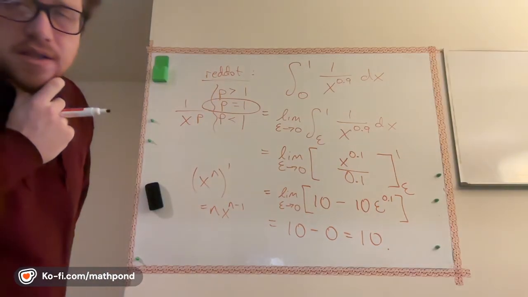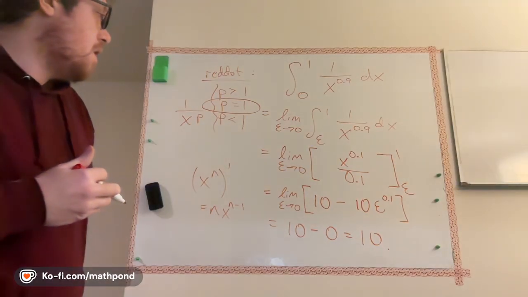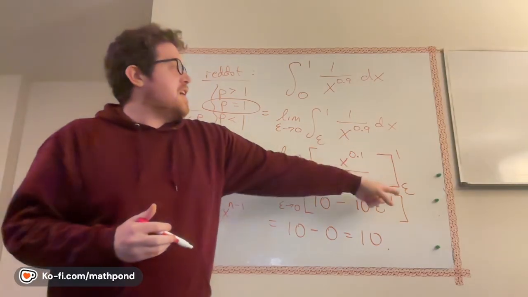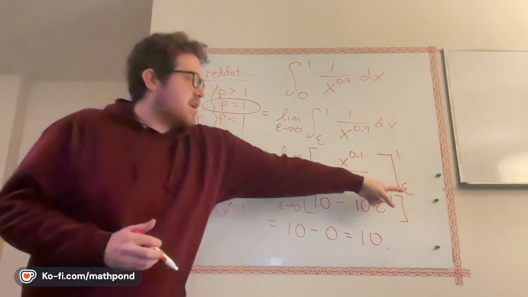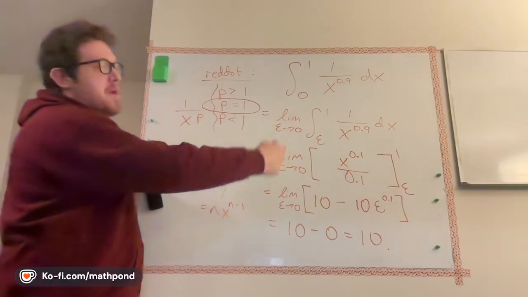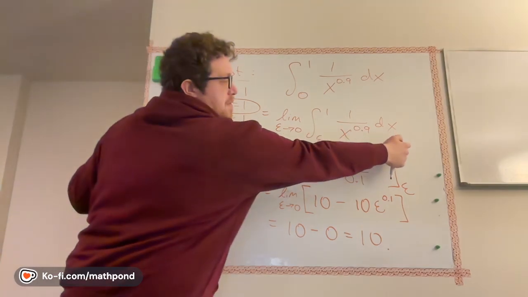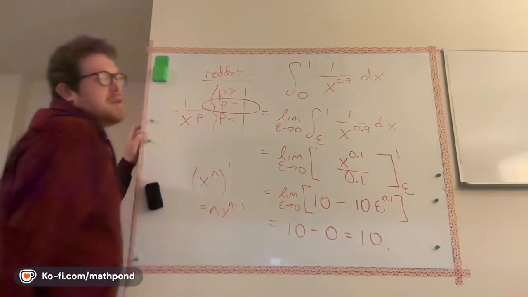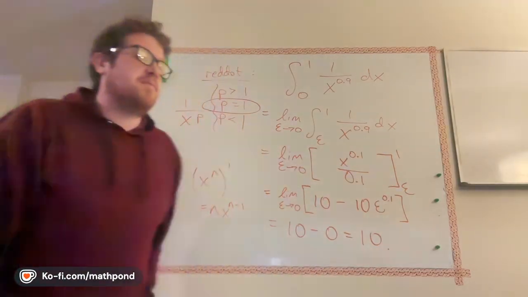Where did we get the second 10 epsilon at? So this notation means we take the antiderivative, then we plug in 1, and we subtract plugging in the bottom point. This is the fundamental theorem of calculus, right? We take the antiderivative, then plug in the second endpoint, then subtract plugging in the first endpoint.